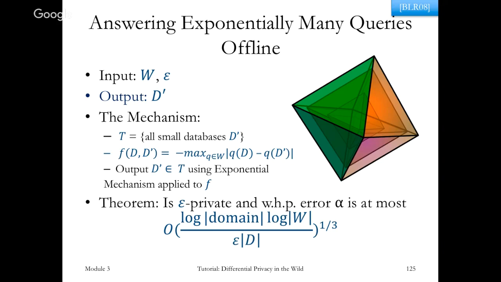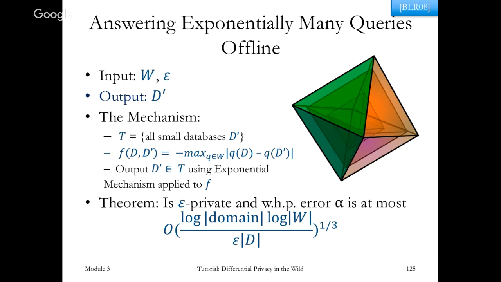Then I sample a small database using the exponential mechanism that I described before. The theoretical analysis shows that with high probability, the error is at most bounded by the log of the domain size, the log of the size of the workload, over epsilon and the size of the database. If you rearrange things, you can answer exponentially many queries with constant error.